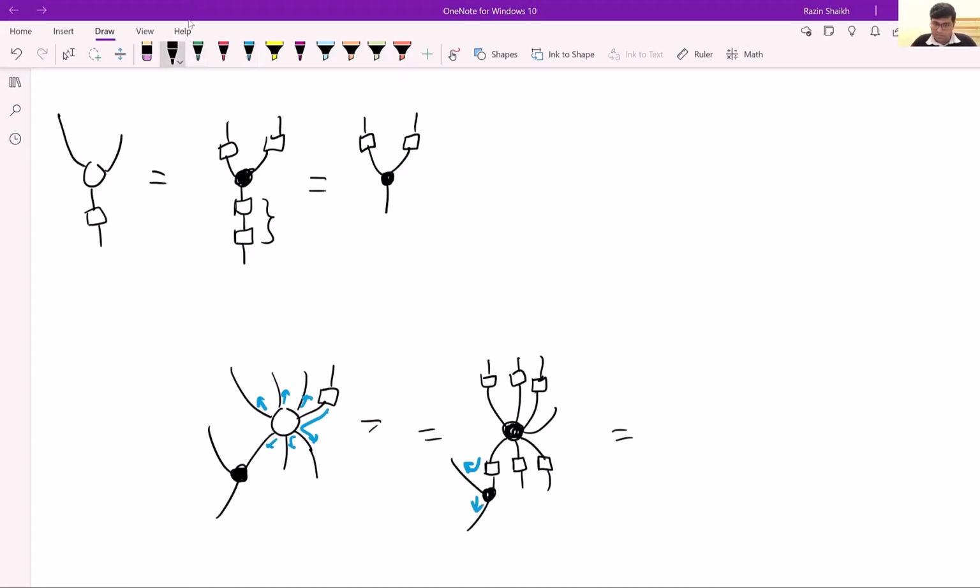So this would be equal to, here I have the X spider, so I change it to the Z and push the color change box like this. So you can always propagate these throughout your diagram.